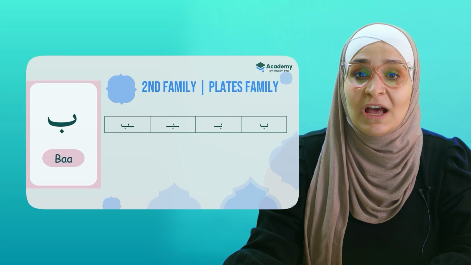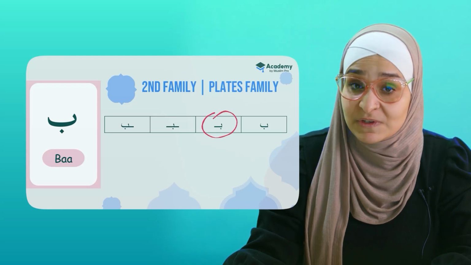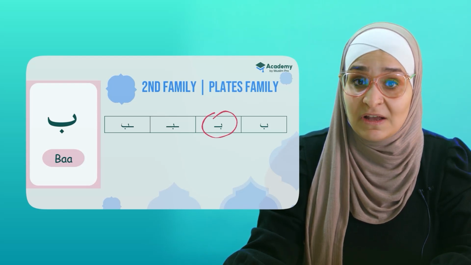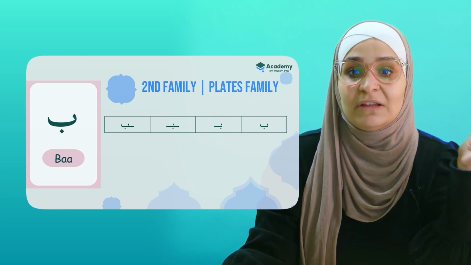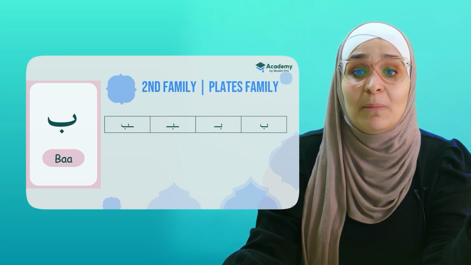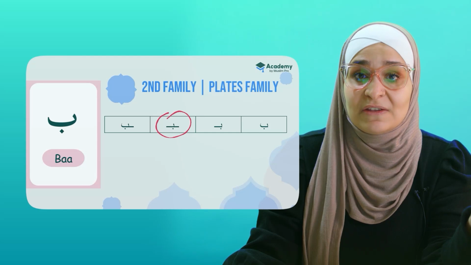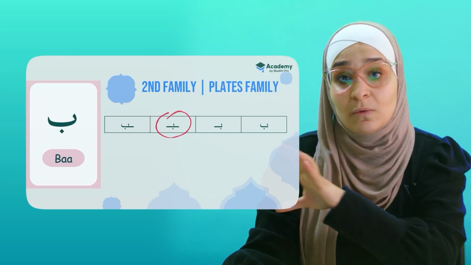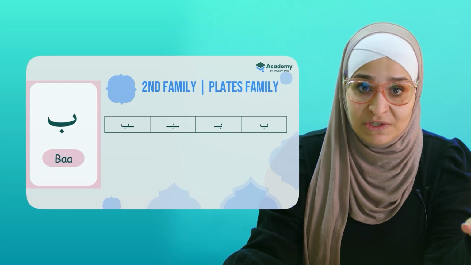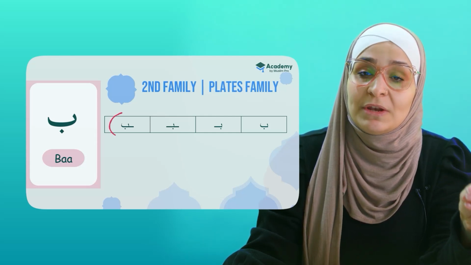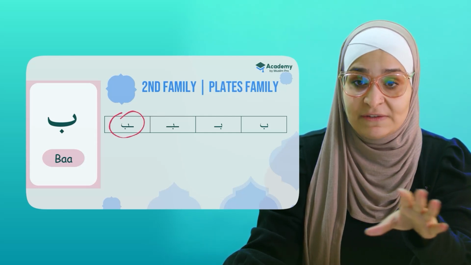Next is the initial position, as you can see on the left side, it's connected. So you should connect the ba on the left side. Next, we have ba in medial position. As you can see, it should be connected on both sides, on the right and on the left. And finally, we have the final position, where we connect the ba on the right side, as you can see.